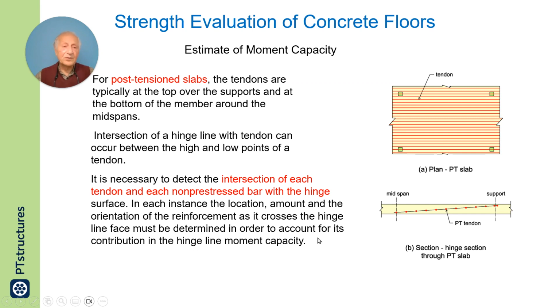Now, what it says, if you want to calculate the moment capacity, each of these tendons cross the section at a different height. In addition, they may cross the section not normal to the section. They may cross at an angle. The angle as well as the location come into the picture.